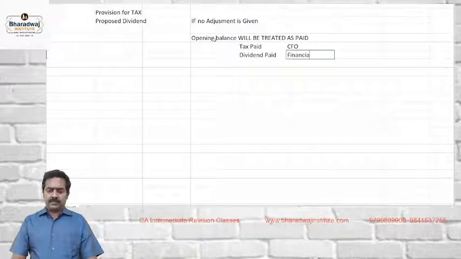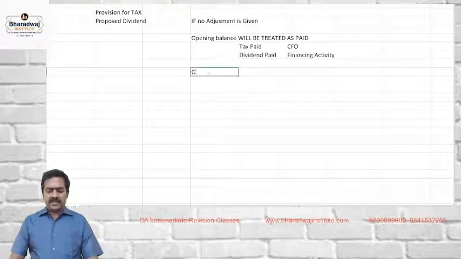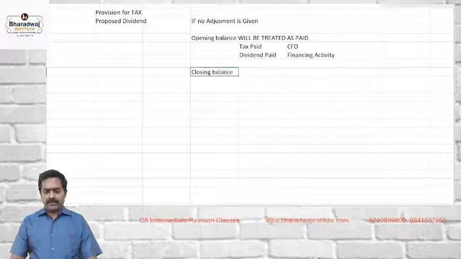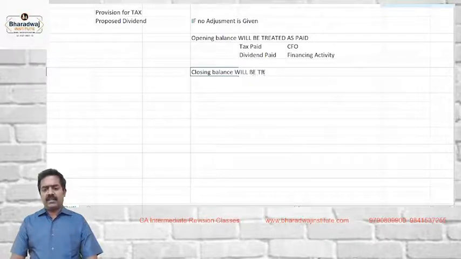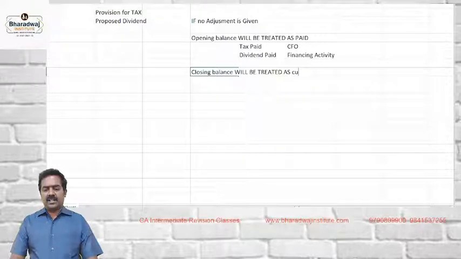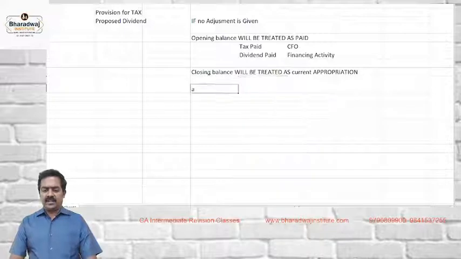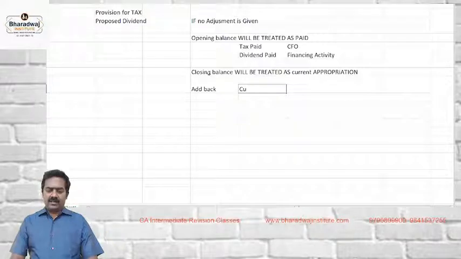Financing activity. Okay. Closing balances will be treated as current year appropriation. Simple. We will add back. While calculating CFO, we will add back what? Closing balance, which one?